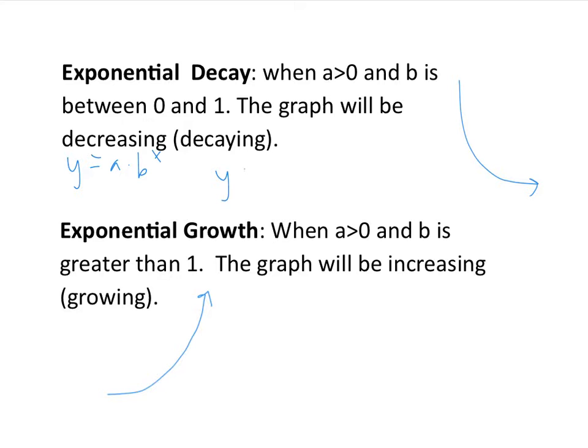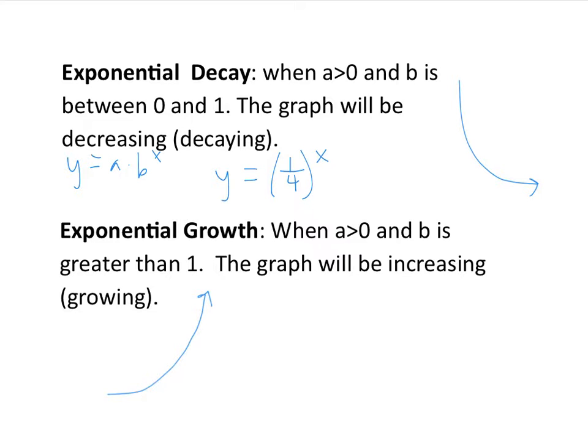Here, let's just say it's going to be 1. And then our base is between 0 and 1, so a fraction. Let's think about 1/4 to the power of x. That graph we did in our notes the other day, if you recall, and that graph was decaying. It was decreasing. Okay, so that's how we can recognize with an exponential function that we have decay: when your graph is decreasing, or also b is between 0 and 1, and a obviously is greater than 0, so a is positive.